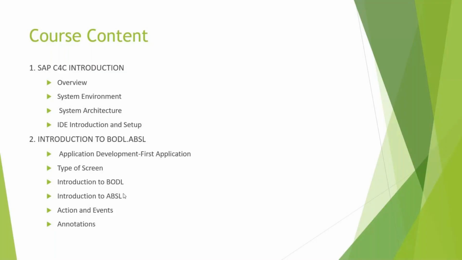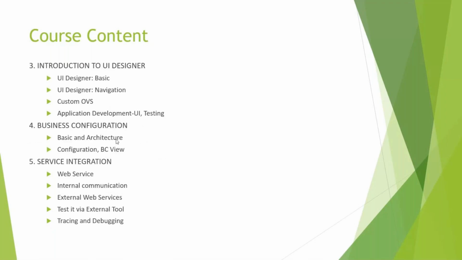And then we have actions and events for the BOs, custom BOs, and the standard BOs, that we will explain. And then the annotations, a concept which we have defined in the business object. So we will cover all this in the course content. Next is an introduction to the UI designer.